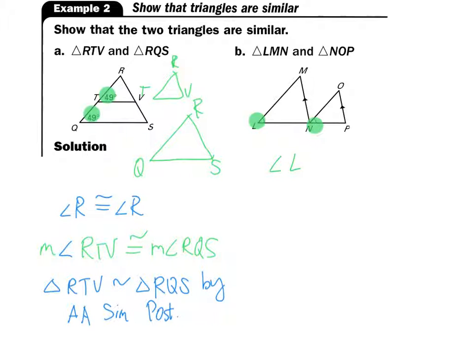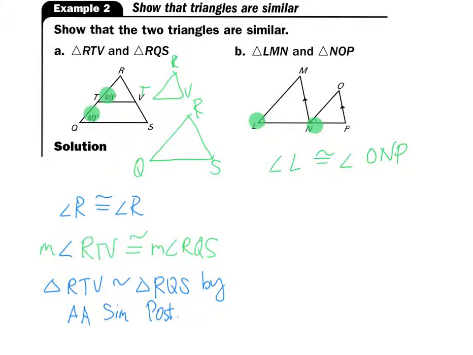Angle L and angle, be very careful, you cannot write angle N. Rather, you have to be very specific about the letters O, N, P, because at point N you've got three angles. If you only talk about angle N, we don't know which one you're referring to that's congruent to angle L. There's not much else given about angles at all.